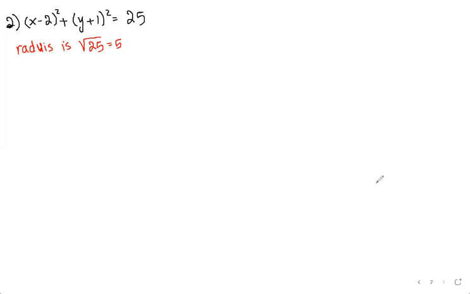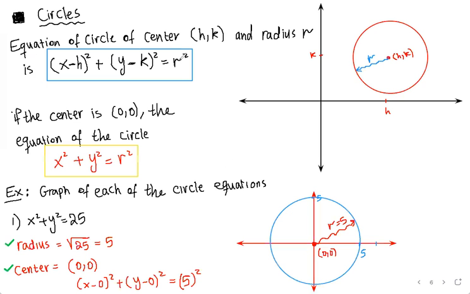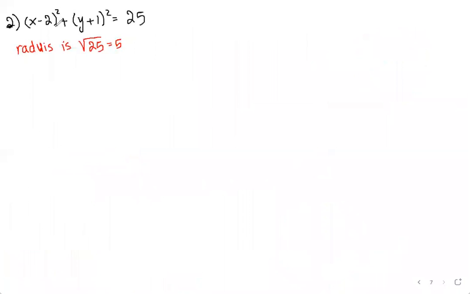Why? Because again, go back to the equation. The center is the h and k, such that here we have negative and negative. So here we have -2, so 2, and +1, so -1. So the center is 2 and -1. Why?